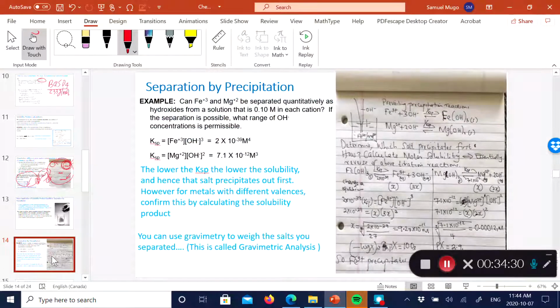Now assume I've got two salts, like this, iron 3+ and magnesium 2+, and they are already present, maybe in seawater, and the concentration in that sample of each one of them is 0.1 molar of each of those cations. So the question is, can I separate the iron and the magnesium? Can I resolve them so that I can do the analysis? Yes, you can, using precipitation, solubility product equilibrium.